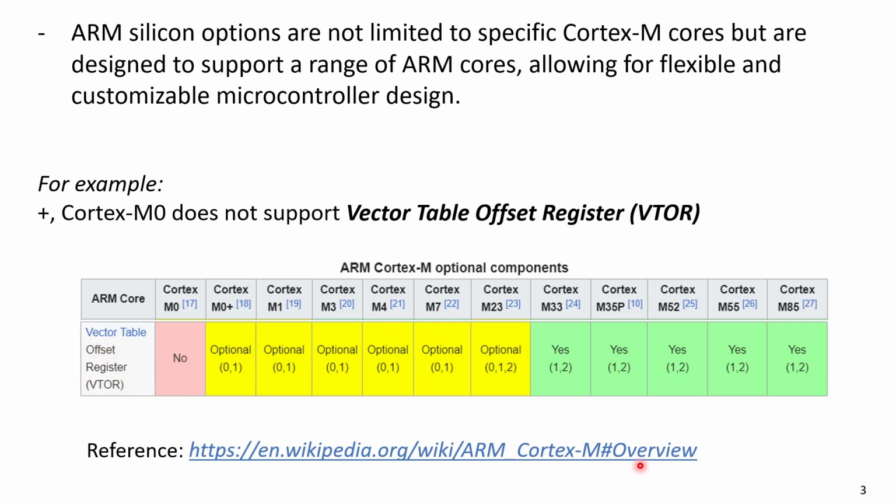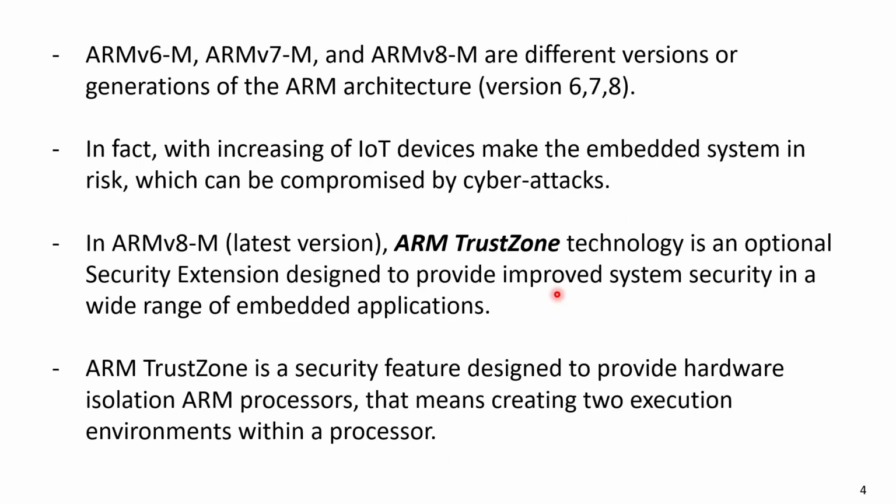You can refer to this link to get more detail of ARM Cortex-M optional components. ARMv6-M, v7-M, and v8-M are different versions, or you can understand them as generations, of ARM architecture. You can call them version 6, 7, and version 8.